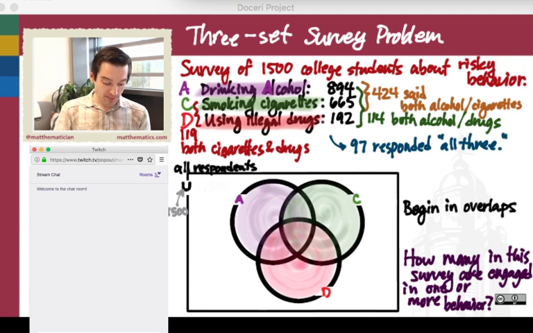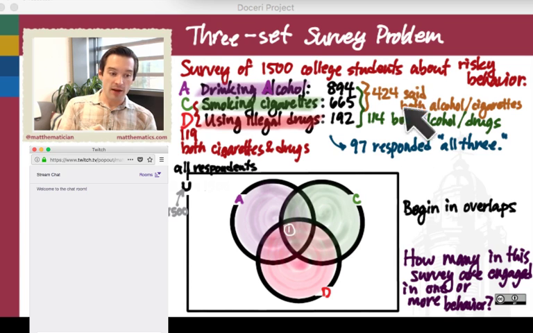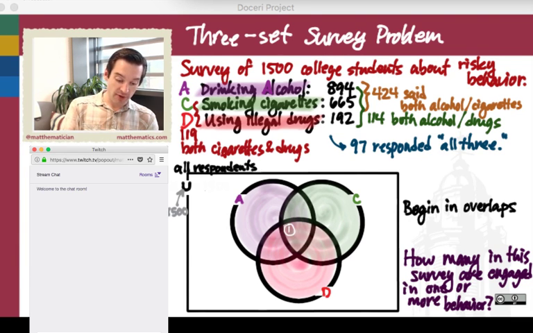So I'm going to begin, sort of label this here. The first place I want to start is right here in the middle of my Venn diagram. So let me look in my information from the problem and ask, how do I know how many people are in that triple intersection? This is the intersection that we would call A intersect C intersect D. Do we have information in the problem that tells us how many people there are in that triple intersection?